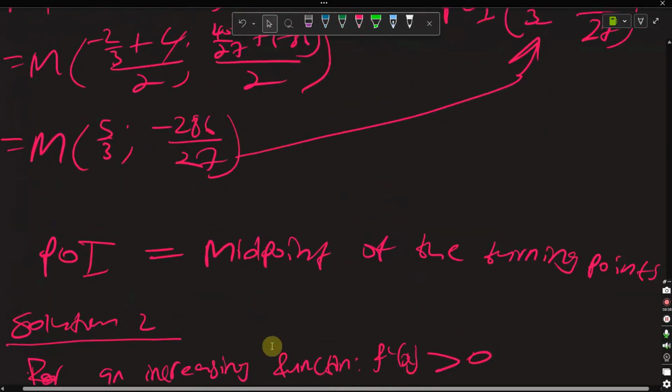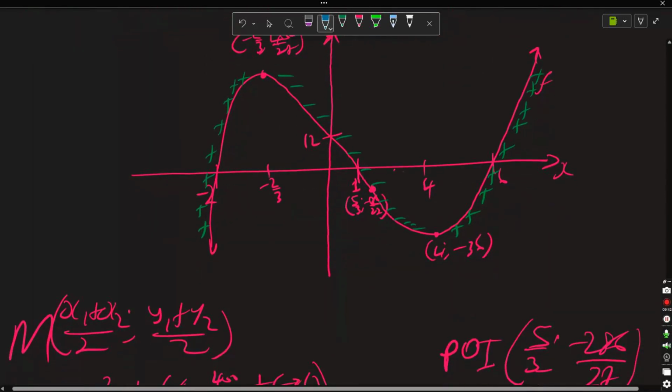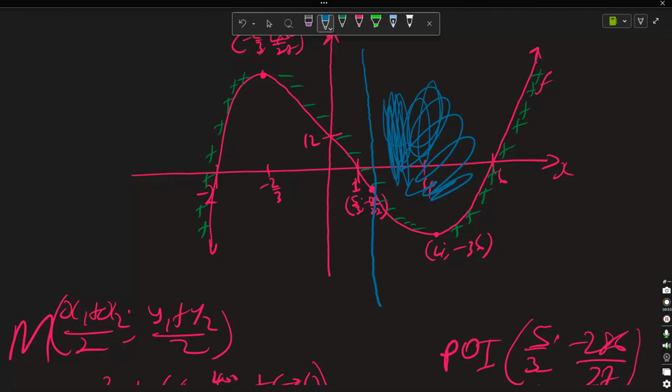Now, let's go back to our graph, right? Let's use the blue color this time around. So remember we said this is our point of inflection, right? Now you can see now here, from 5 over 3 going to positive infinity, the graph is actually facing up.